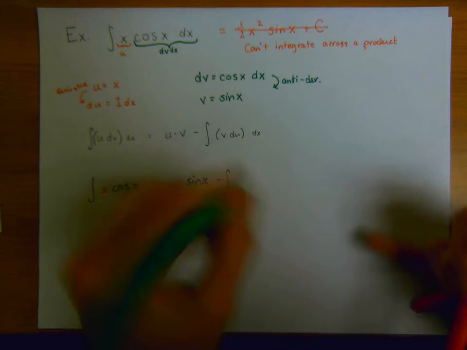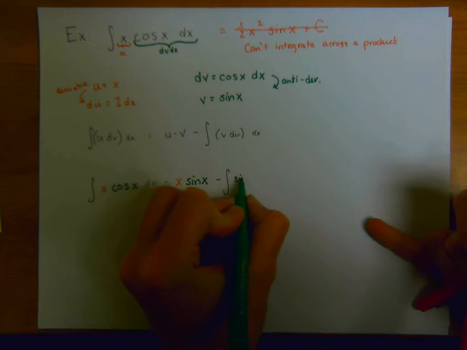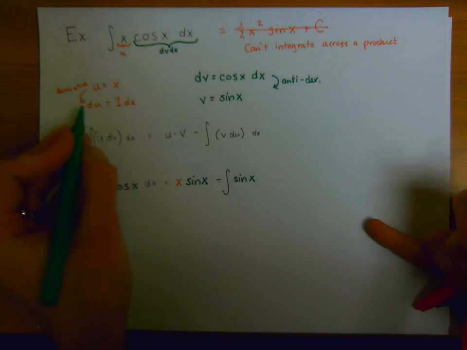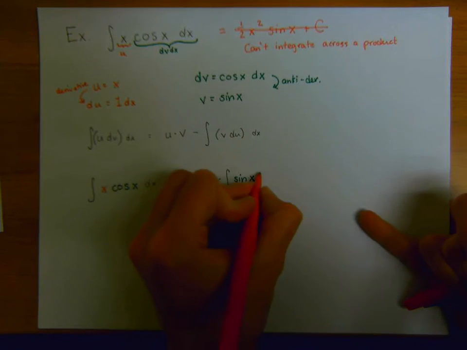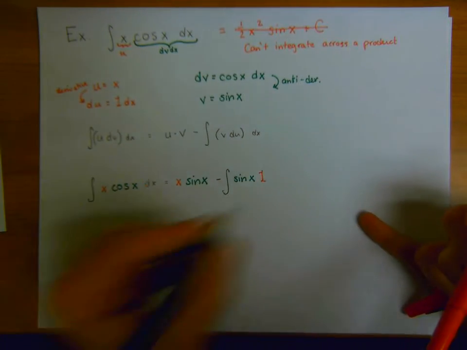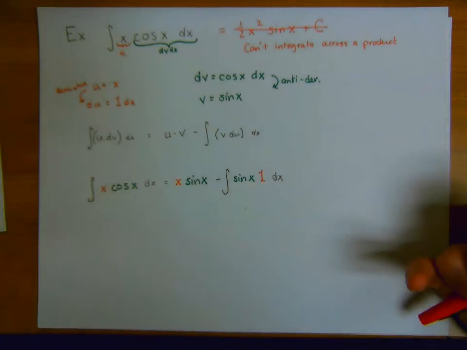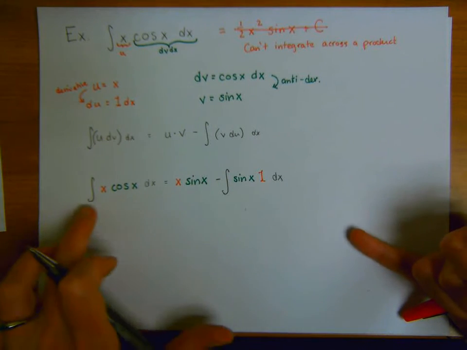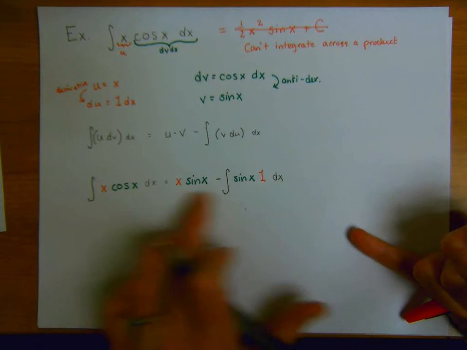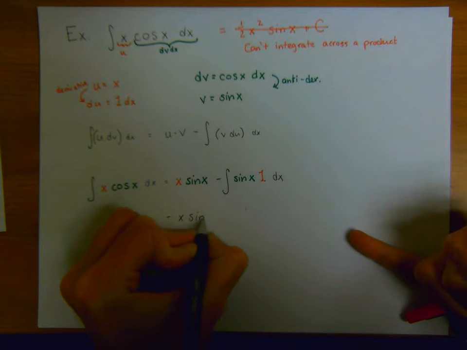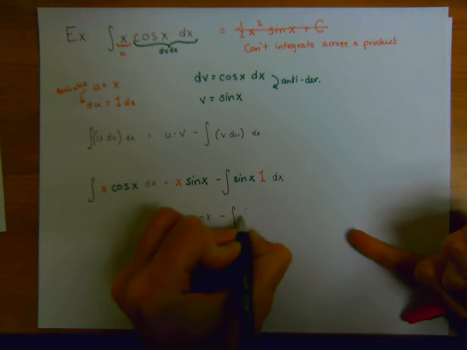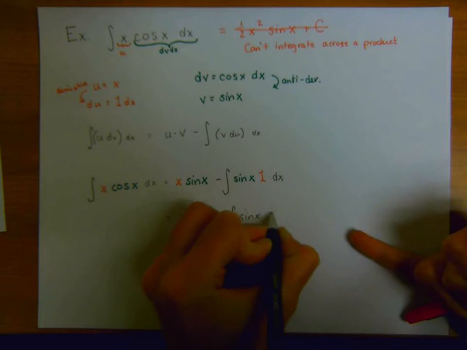V is sine of x, and du in this case is just 1. Great. So now my original integral is equal to this much more simple integral. It's equal to x times sine of x minus the integral of sine of x dx.